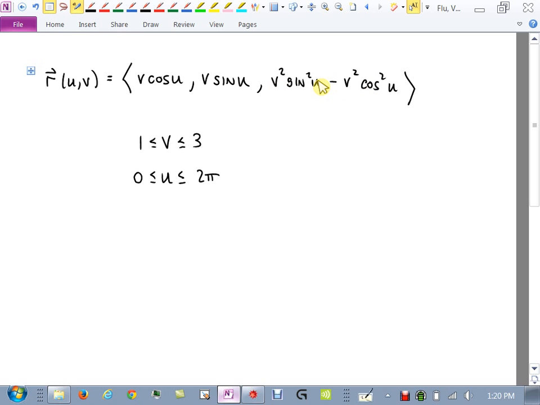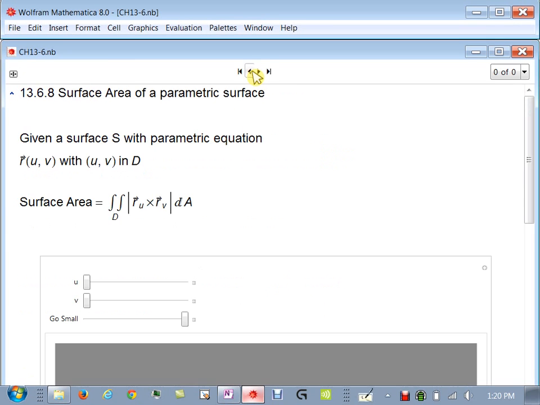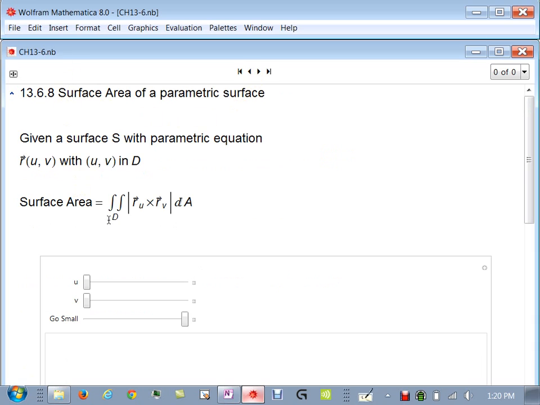All right, so what we have right now is one of the most crucial parts of the problem, which is finding the parametric curve, right? The parametric surface, the equations for each component. Now we go back to last class and we say, well, how do we find surface area? It's right there.